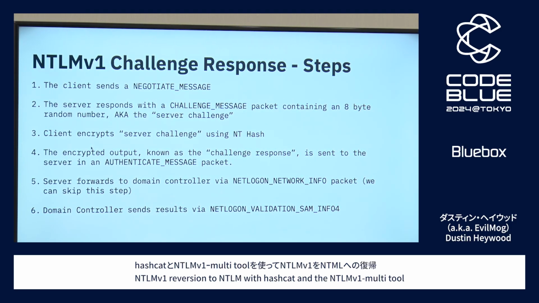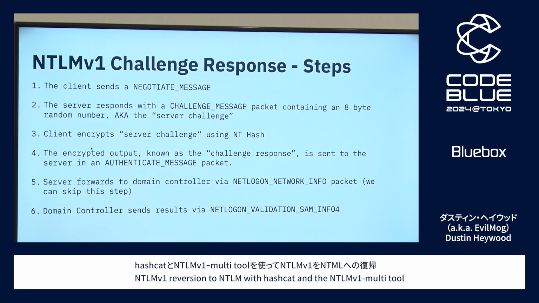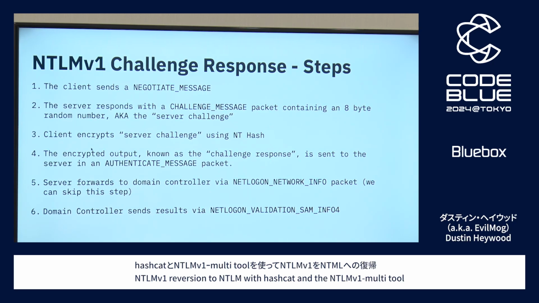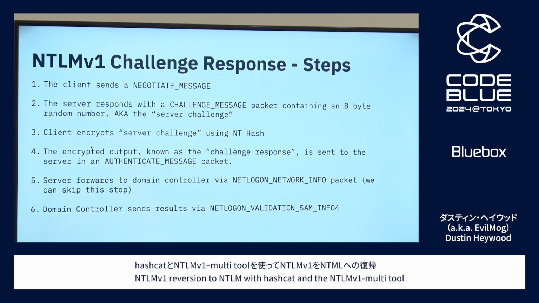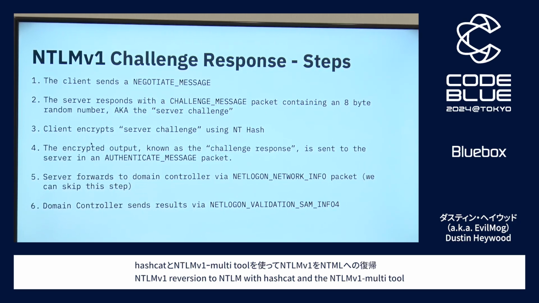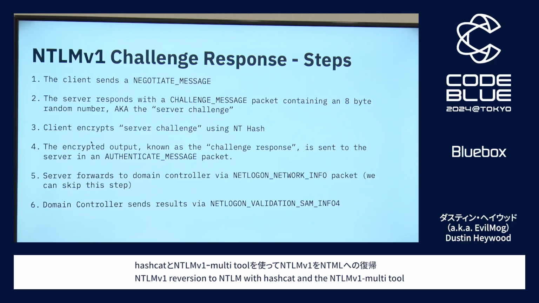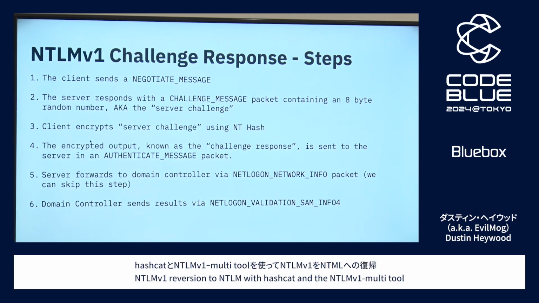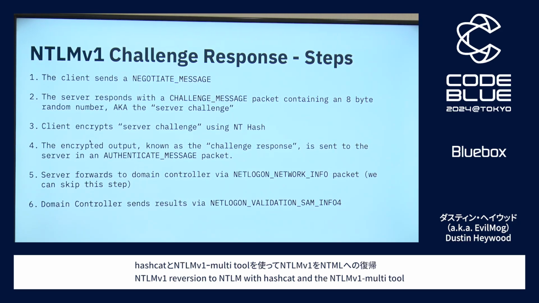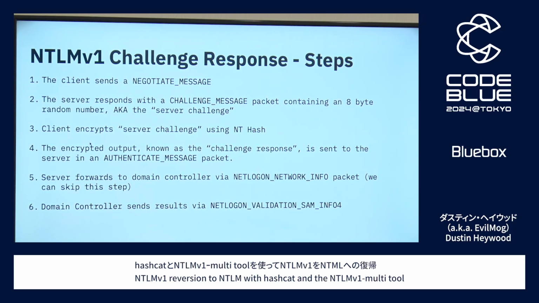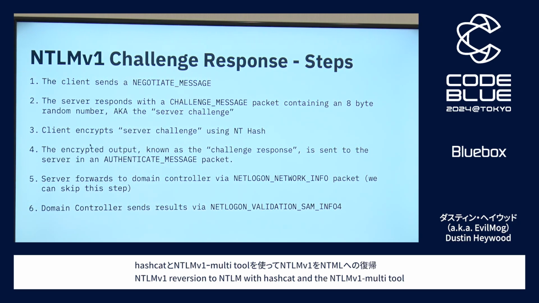The client then encrypts that server challenge with the NT hash. So that NT hash basically gets converted into a DES key. The encrypted output of this is known as the challenge response. It's sent to the server in an authenticate message packet. The server forwards that to the domain controller, and the domain controller sends back the response via a netlogon. Fairly simple, nothing earth-shattering. This is all verbatim from the NTLM specification.